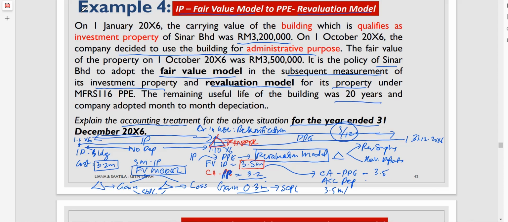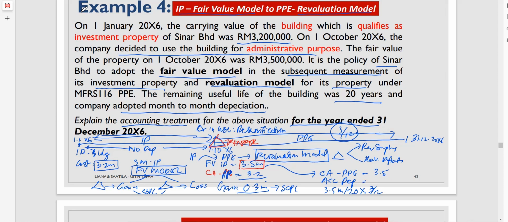Here you are informed the remaining useful life was 20 years and the company adopted month-to-month depreciation. So divided by 20, multiply by 3/12. That will give you the first depreciation, which is also the accumulated depreciation.